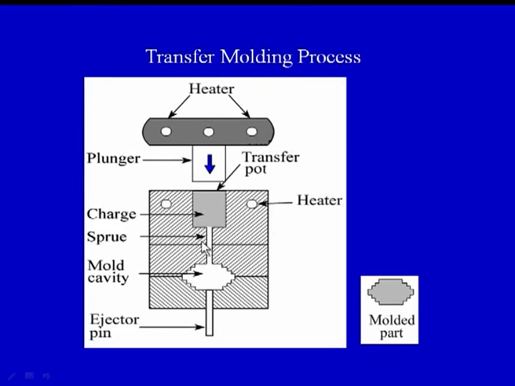This is called the sprue. Then again there are heating elements to heat the charge. When this is in the molten state, the transfer pot is subjected to pressure from this mechanism, and the charge travels along the sprue into the final cavity.